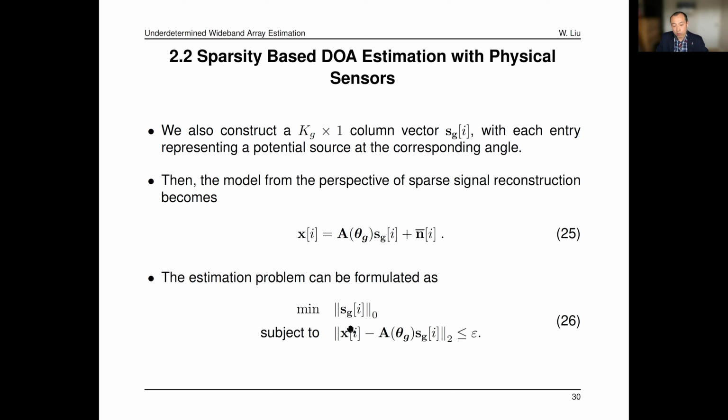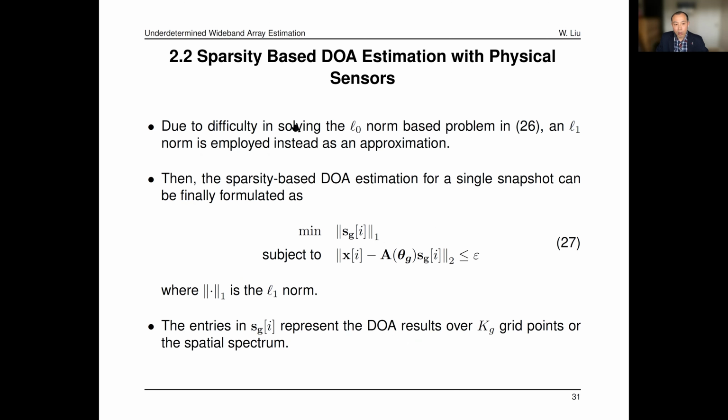Given the observed signal, this reconstruction error is smaller than a very small threshold value epsilon. And because of the difficulty in solving this L0 norm based problem, we use the L1 norm as an approximation.